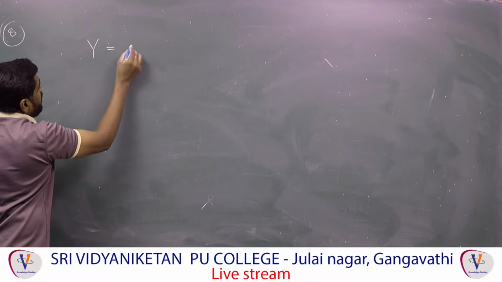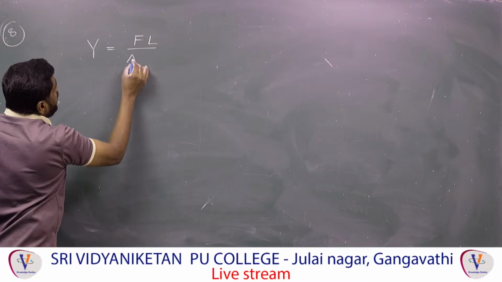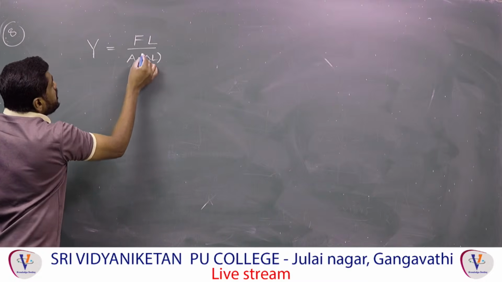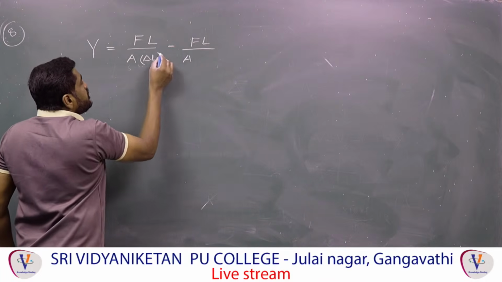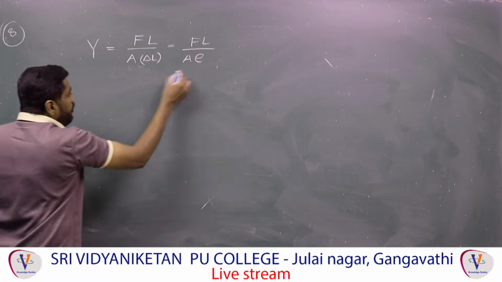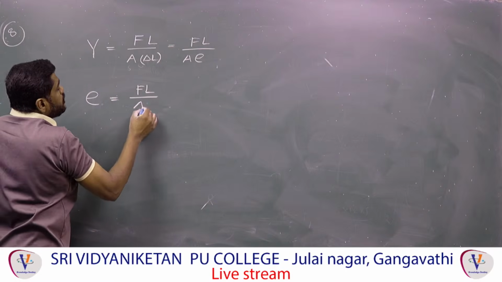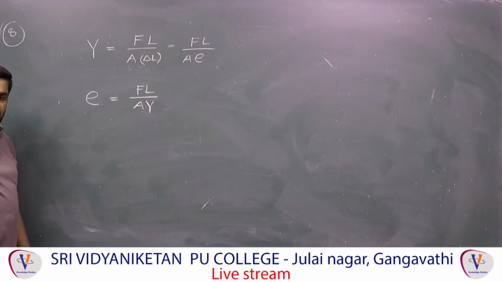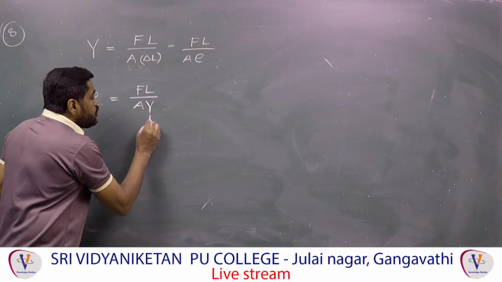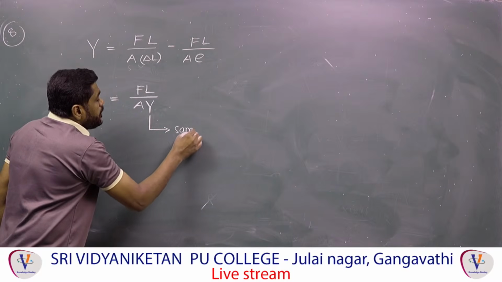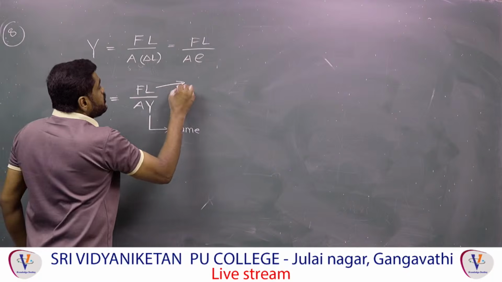According to the Young modulus formula, Y is equal to FL by A into delta L. This delta L only can be taken as the extension. Therefore, FL by A, this delta L I am replacing with E. And if you bring the E this side, the extension expression is given by FL by A into Y. Here, in the question, another wire of the same material means Young modulus is the same, and length is also the same, they have given.